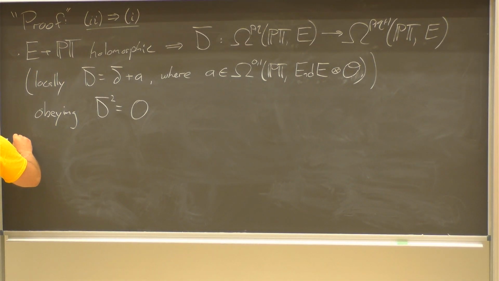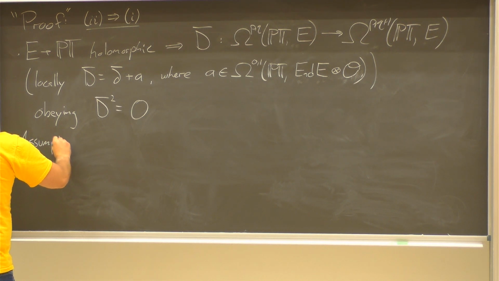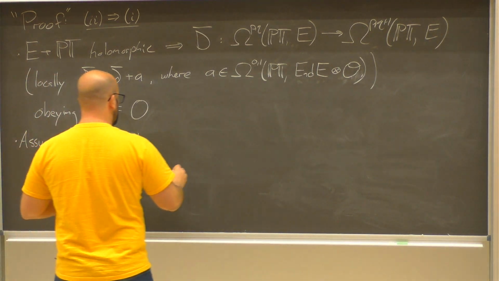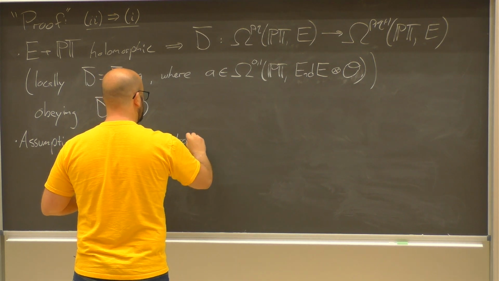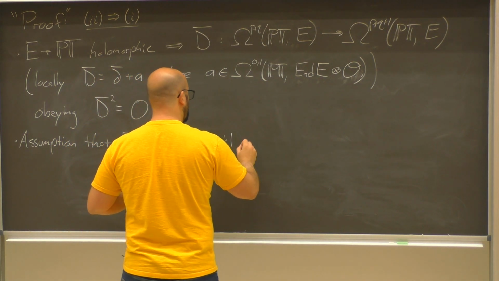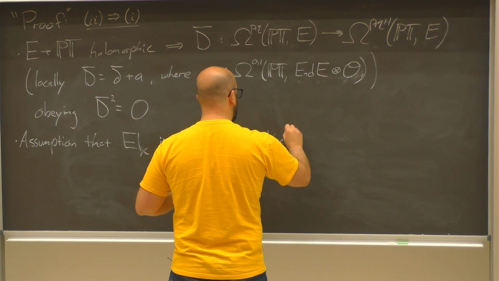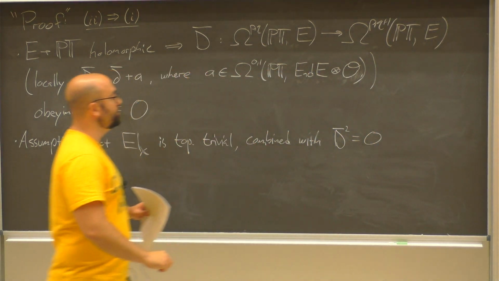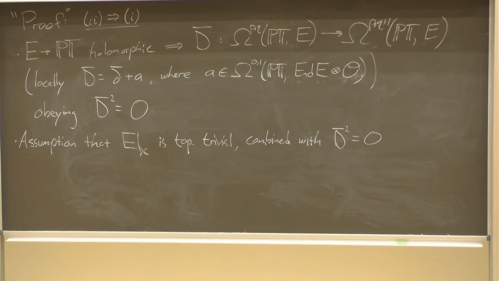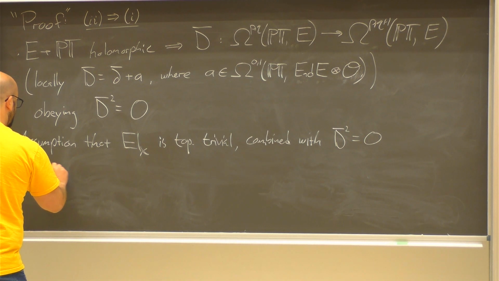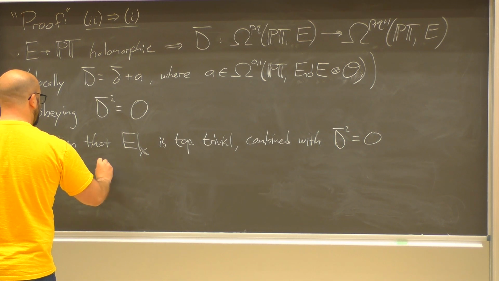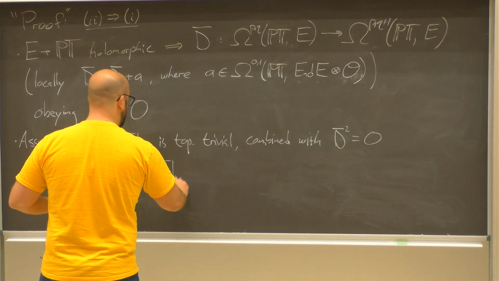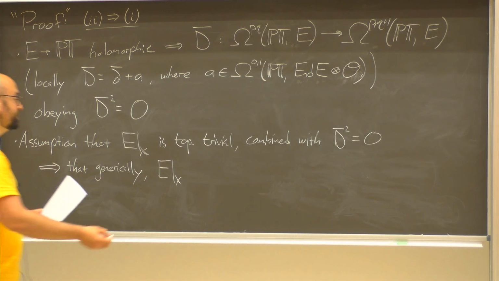So the assumption that E restricted to X is topologically trivial, combined with the holomorphicity assumption on the partial connection on the vector bundle itself more generally over all of twistor space, implies that generically the restriction of the vector bundle to any twistor line is in fact holomorphically trivial.